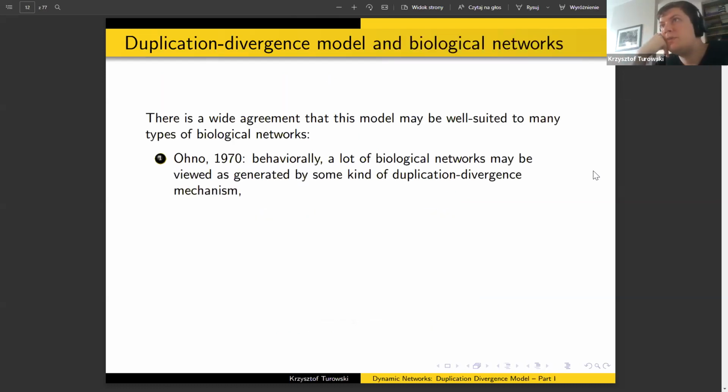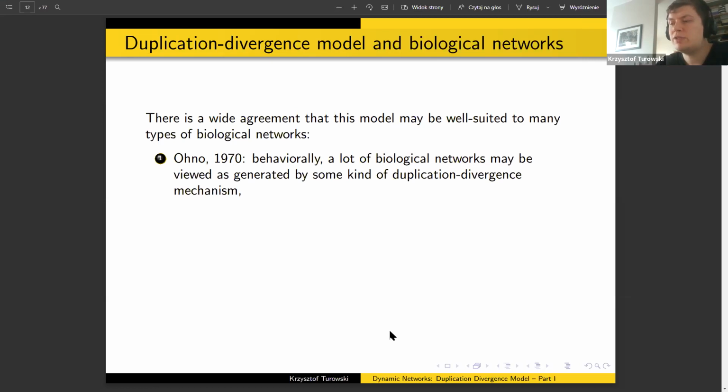Okay, and if we look back from the 70s, we can find ideas, and it's quite natural to view biological networks as driven by some kind of evolution mechanism. And this evolution can be seen as a variant of a duplication and divergence mechanism. Whenever, for example, a new protein arrives, it can be seen as an imperfect copy, so some duplication, some divergence from another already existing protein in the network.